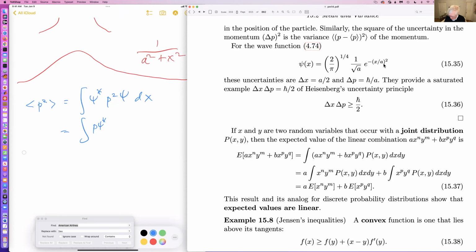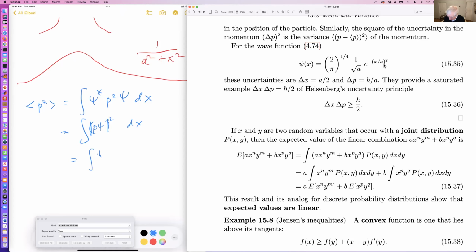Psi is real, so I don't need to screw around with this star. So it's P on psi squared dx. And so this is, well, I should not have gotten rid of the star. Let me just put it in an absolute value here.